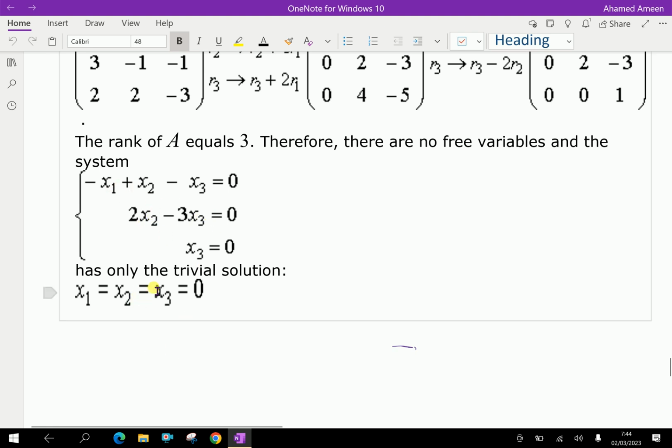Therefore it has only the trivial solution, that is, all variables are 0.